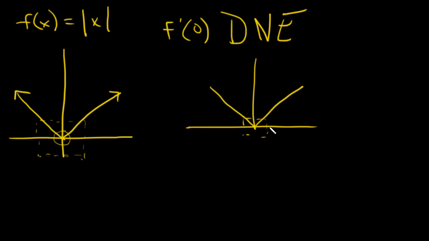But the easiest way to think of it is, no matter how I zoom in to this particular location, it is always going to be a cusp. That's the technical term for something that never smooths out as we zoom in. That is a cusp, and cusps do not have derivatives because it never settles down. Alrighty?